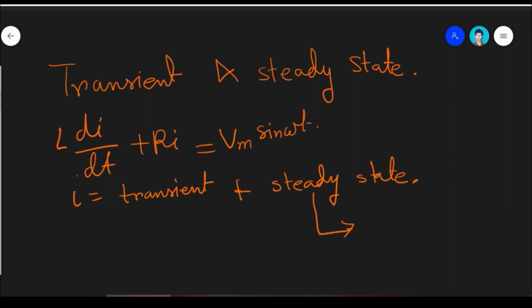This steady state, what is that steady state?